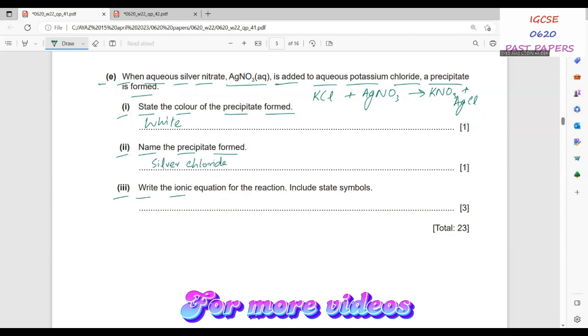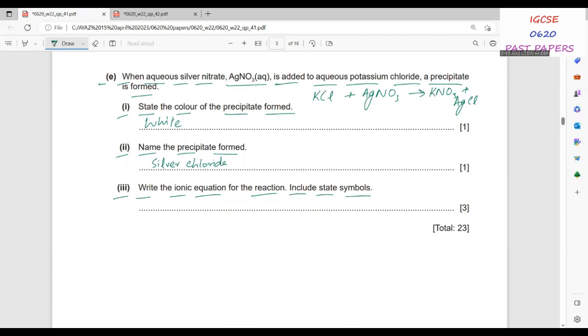Number 3, write the ionic equation for the reaction, include state symbols. So these all will be aqueous. The reactants both are in aqueous state: potassium chloride and silver nitrate aqueous. On the product side, potassium nitrate is also soluble, so it will be in aqueous state.